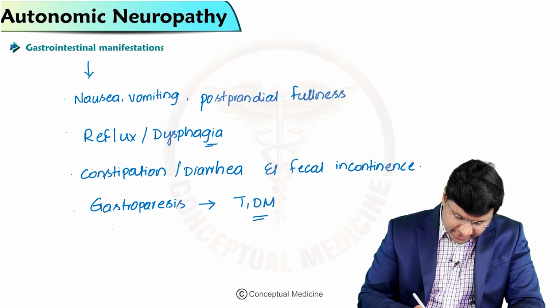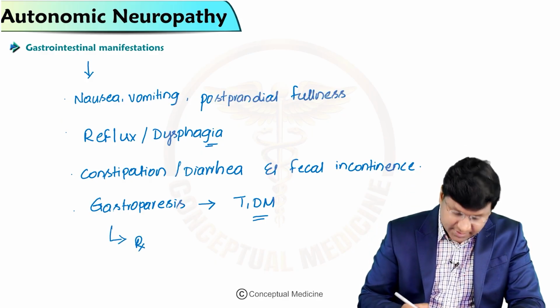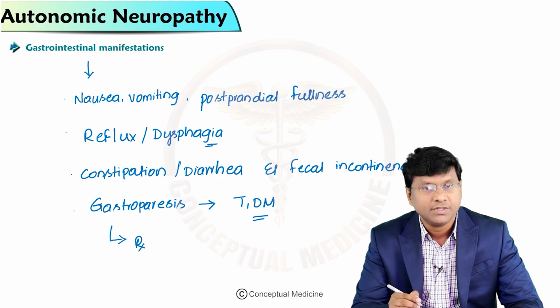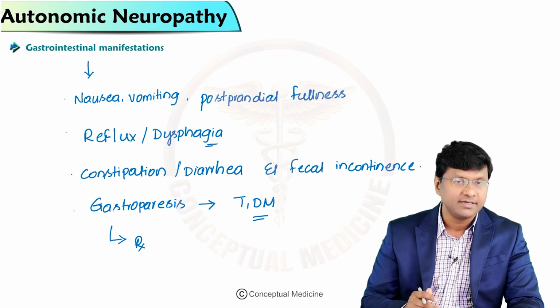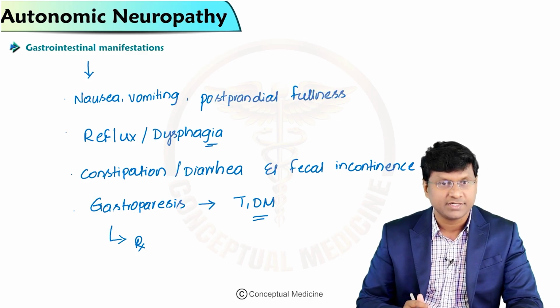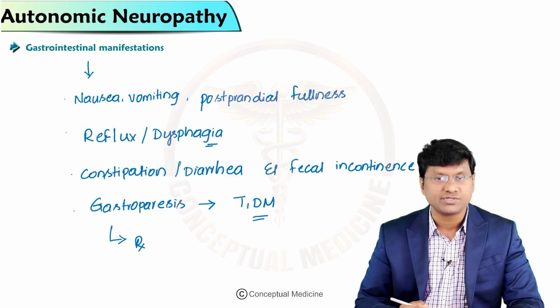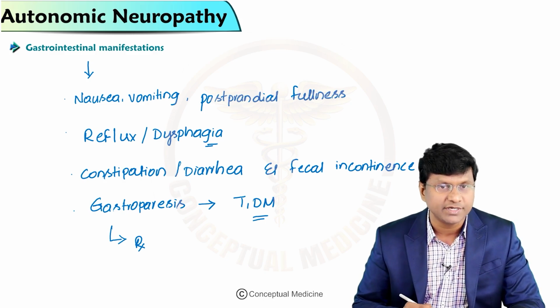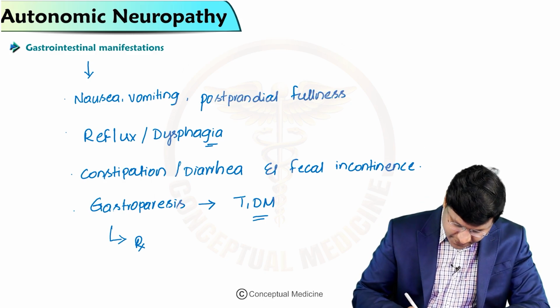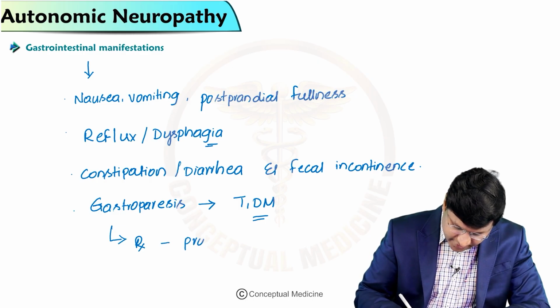Now, what will be the treatment of this diabetic gastroparesis? Basically in gastroparesis there is decrease in gastrointestinal motility. So you need to increase the gastrointestinal motility. And how can you increase the gastrointestinal motility? That is by giving prokinetic drugs.